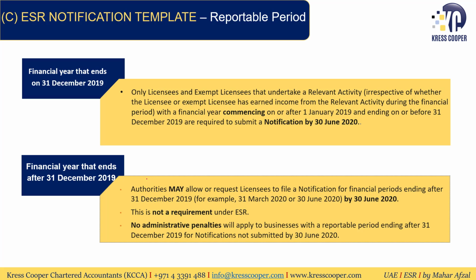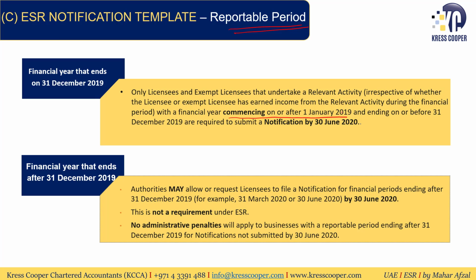In the ESR notification template, this is the reporting period, section C of the notification. In our previous lecture, we had discussed that every licensee or exempted licensee earning income from the relevant activity, with a financial year commencing on or after 1st Jan 2019, is required to submit the notification.